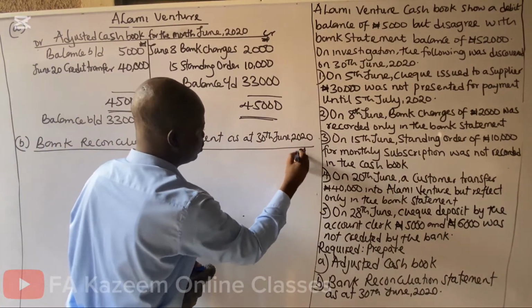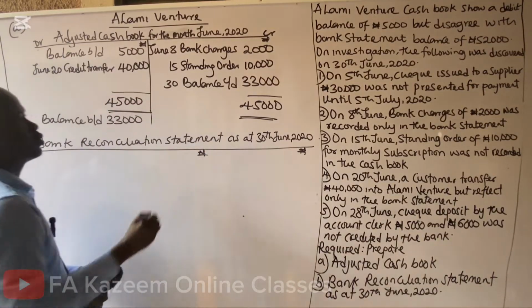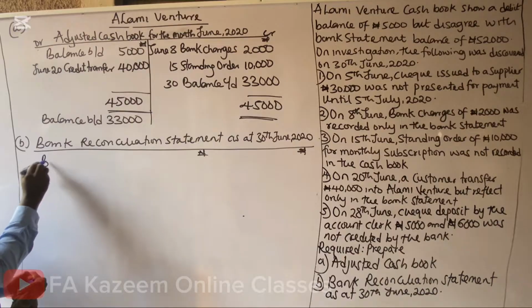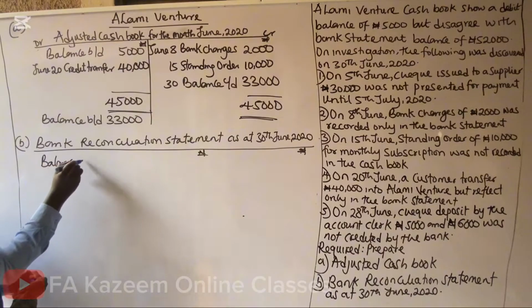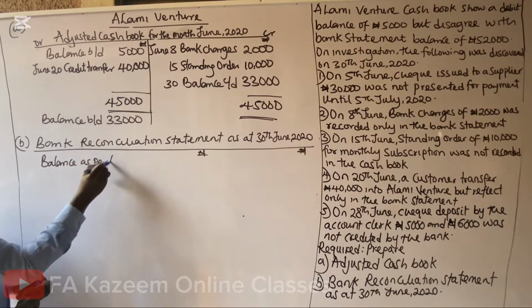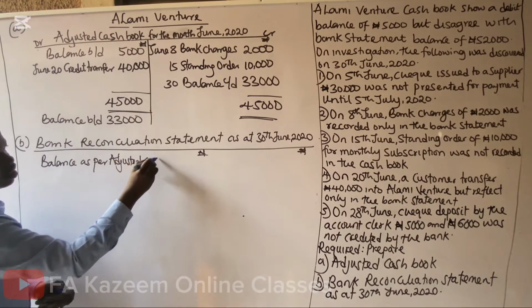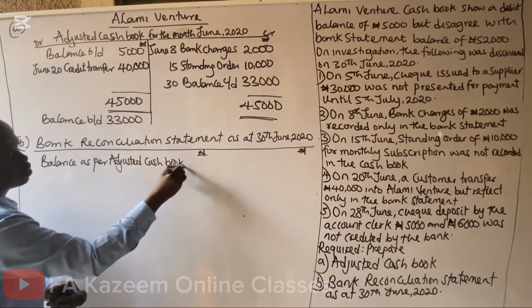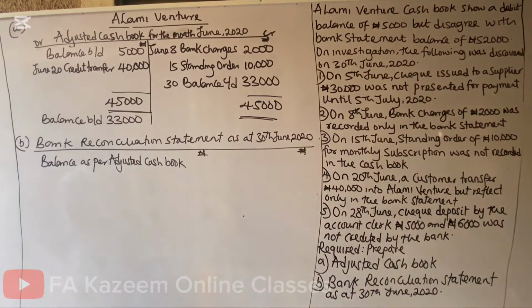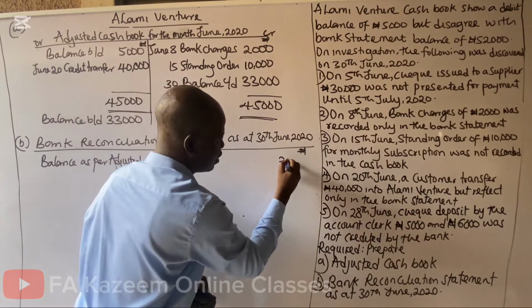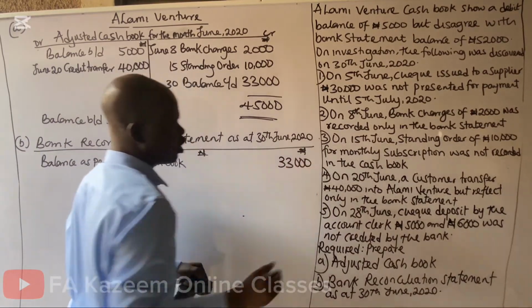Now let's pay attention. This is the correct balance now. And this is what we call balance as per adjusted cash book. The balance as per adjusted cash book, this is the original balance. Now let's go practical.